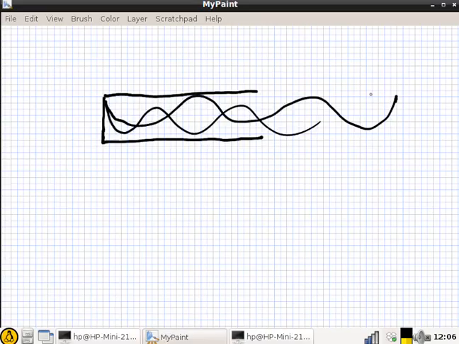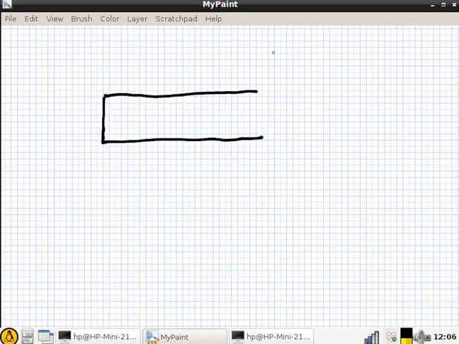But if you have the right wavelength, when you make the sound here, if the wavelength is the same length as the tube, then you make a standing wave.